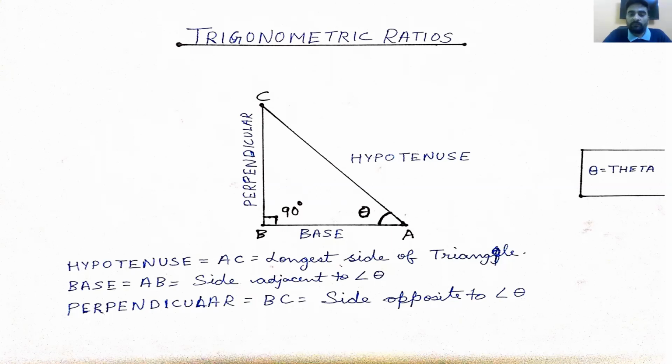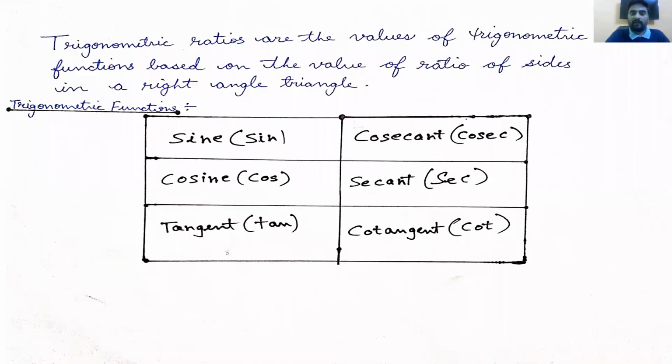Since we will be discussing angle A only today, or angle theta, we will be talking with respect to angle theta. So for angle theta, the base is the side adjacent to angle theta, which is AB, and the perpendicular or height is the side opposite to angle theta or side opposite to angle A. These are some terminologies about this particular right angle triangle.